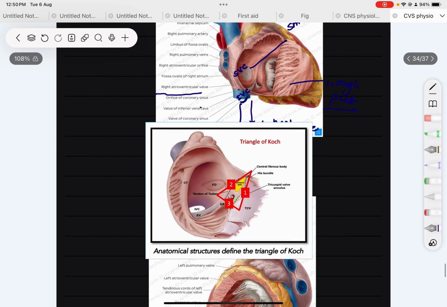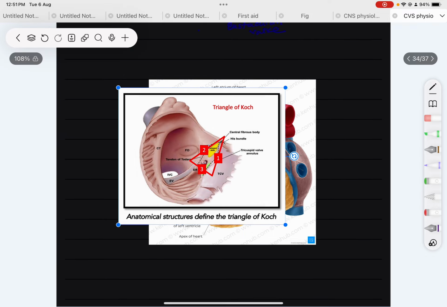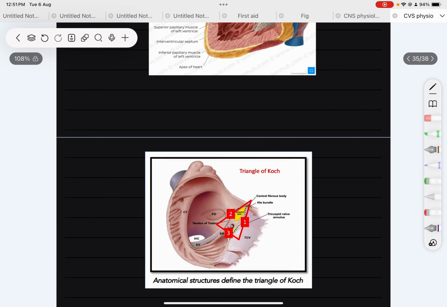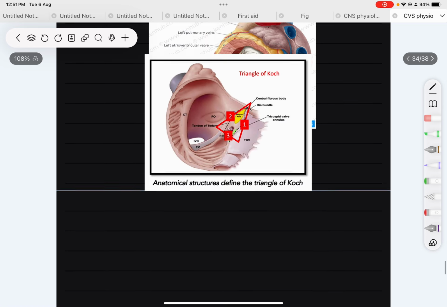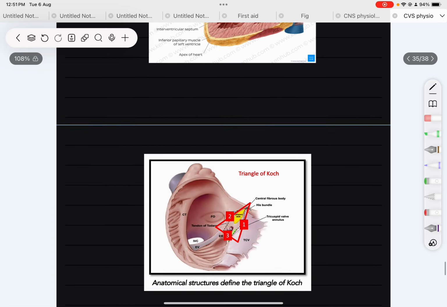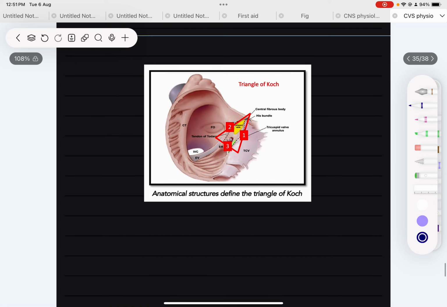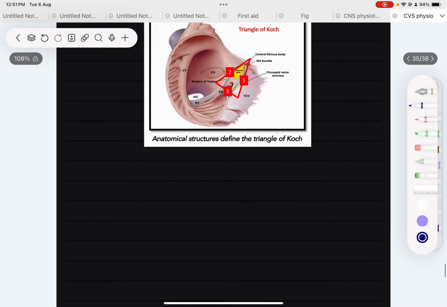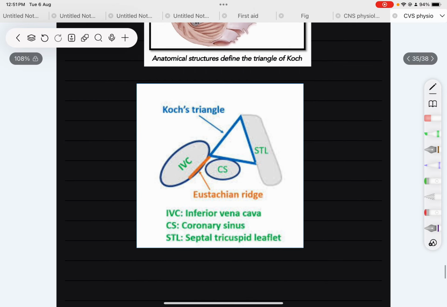So this is the triangle of Koch. As you can see here, the boundary is this.